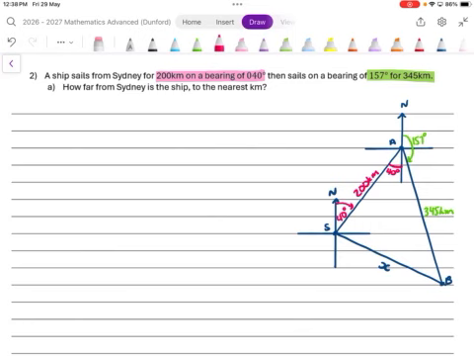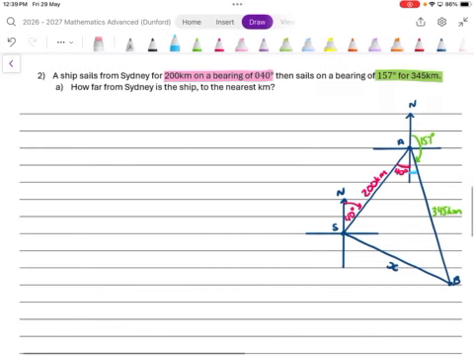Now we have supplementary angles that add to 180 degrees. So that means this little bit in here is going to be 180 minus 157, which is, I'm just going to do a line off to it because it doesn't really fit, 23 degrees. So what that means is this entire angle here, okay, that is our angle SAB.